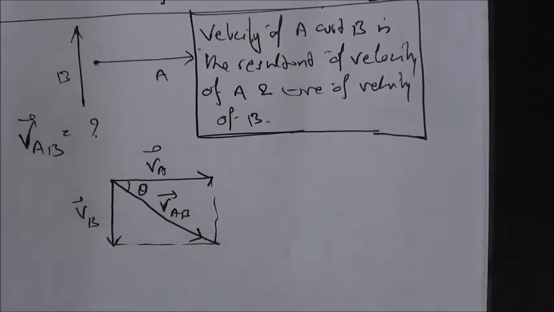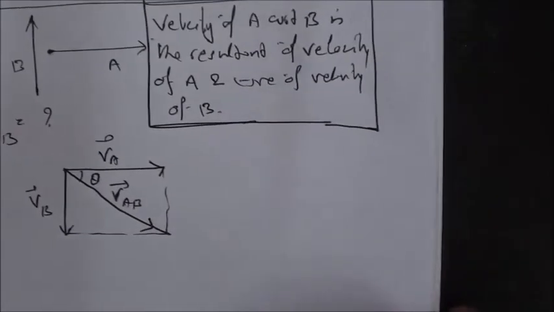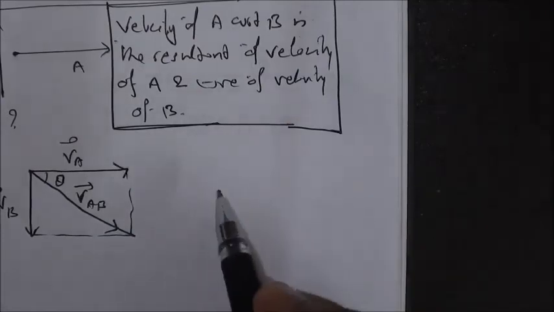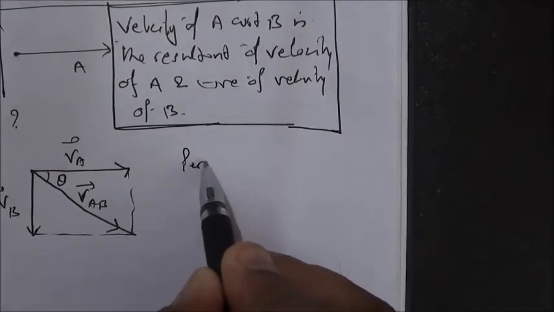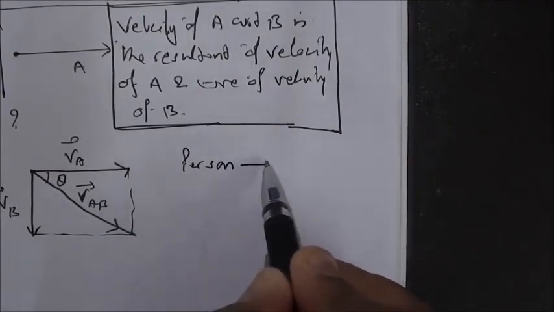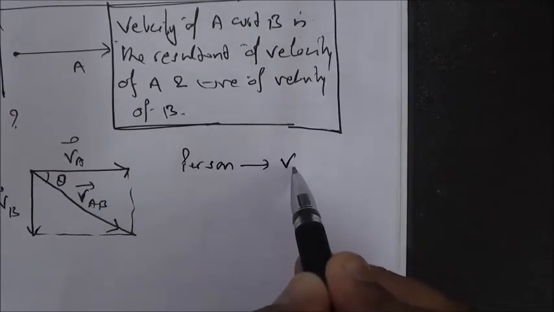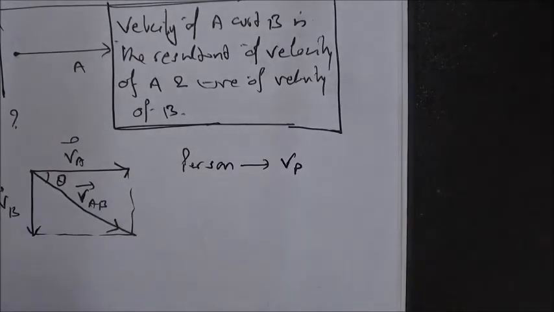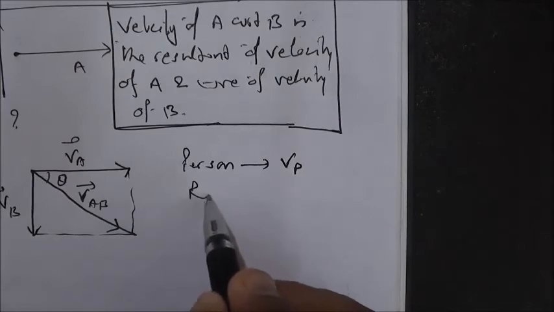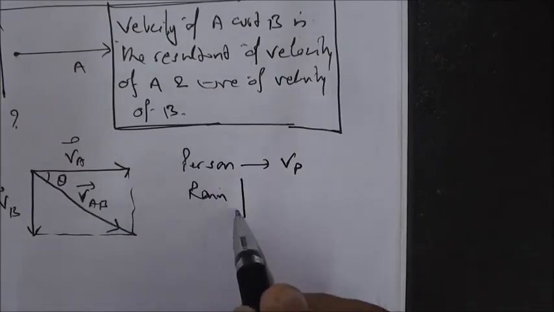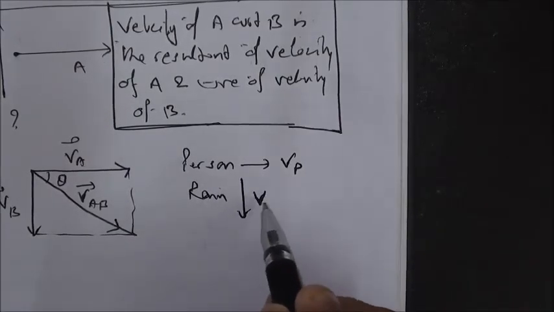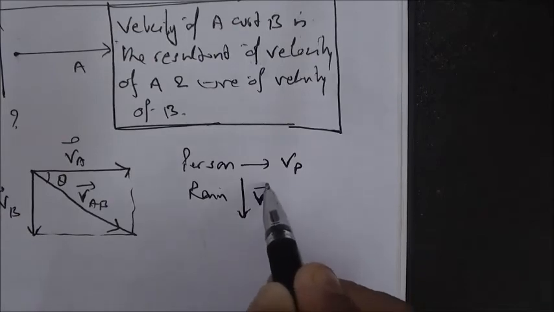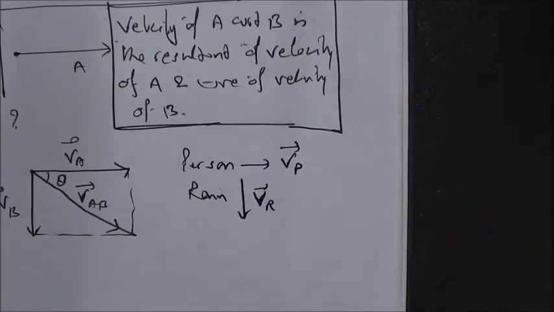Giving you another very common example: a person is moving in the horizontal direction with a velocity, say VP. Rain is falling vertically downward. Raindrops are vertically downward with velocity VR.